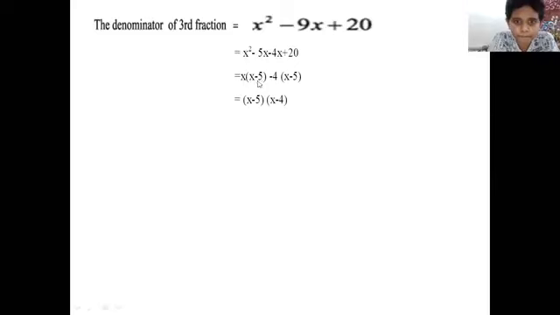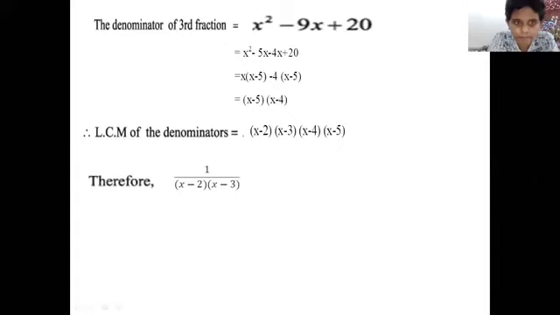Now (x minus 5) is common from both expressions. So we can write (x minus 5) into (x minus 4). Therefore, the least common multiple of the denominators is (x minus 3), (x minus 2), (x minus 4), (x minus 5).